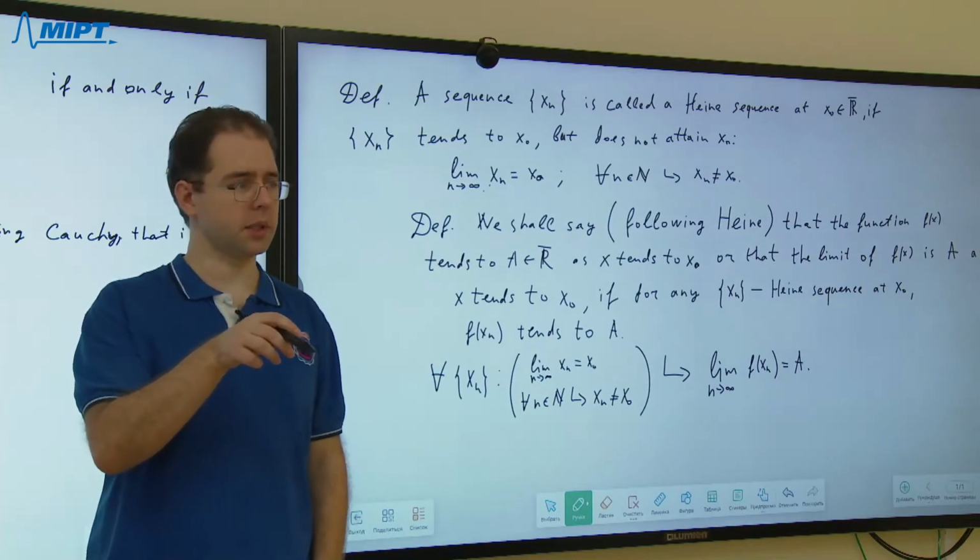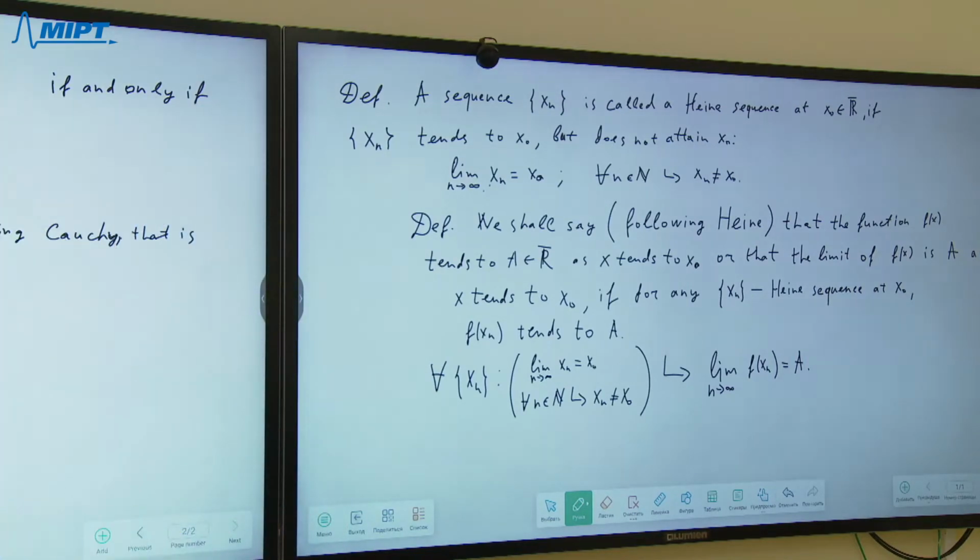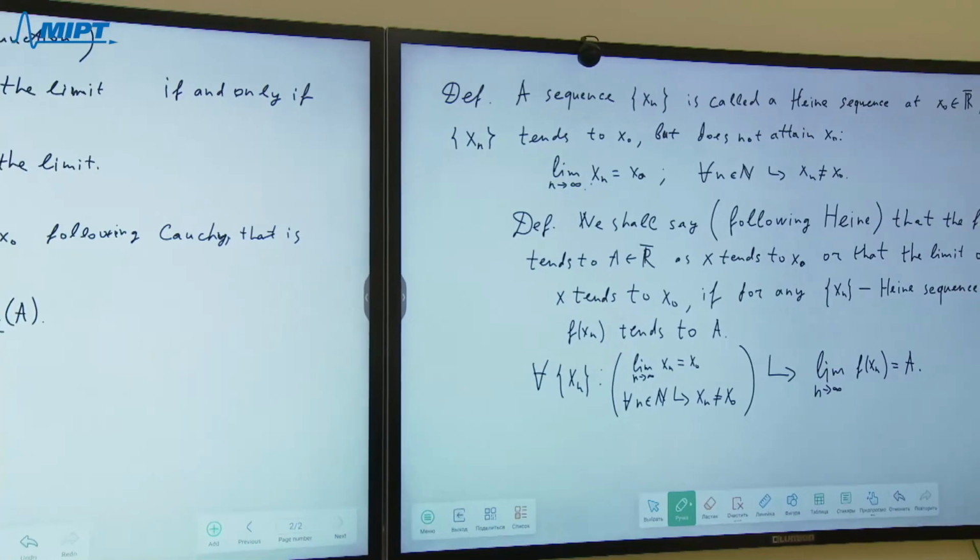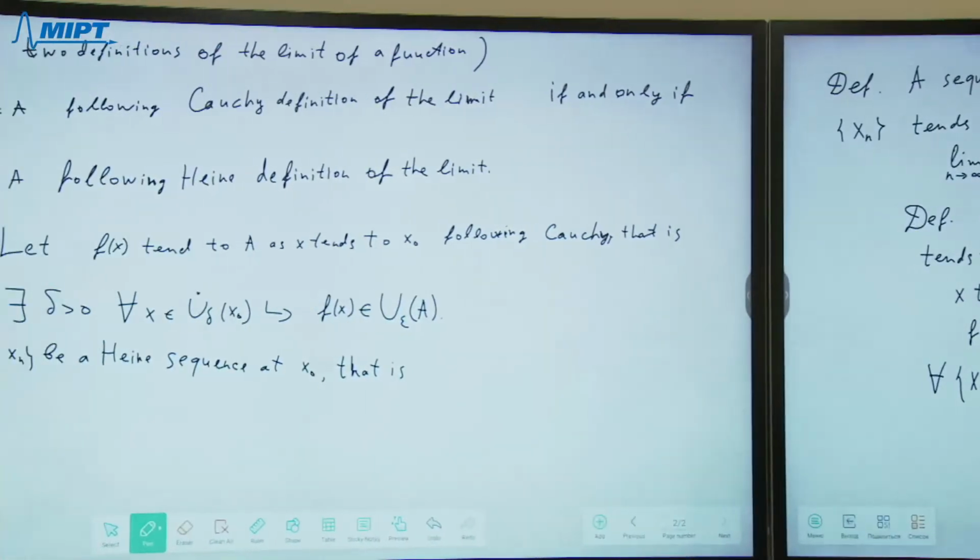But now I'm going to use delta, which is also just some positive number.